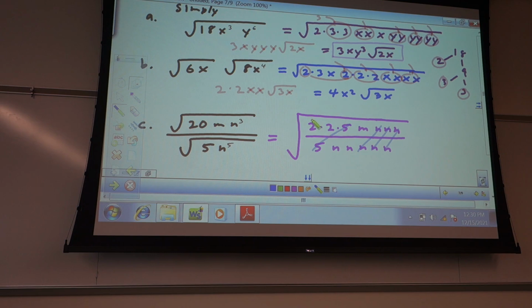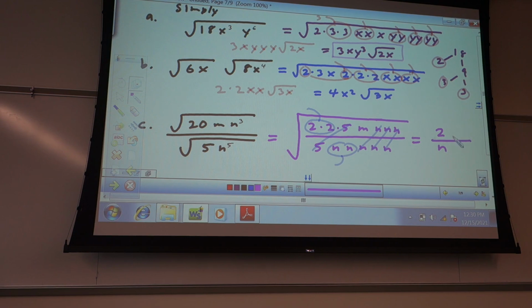Now, what can I pull out? Well, I can pull a 2 out on the top. And I can pull an n out on the bottom that stays on the bottom. And then what do I have left? Nothing on the bottom.